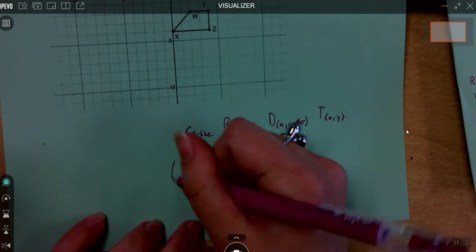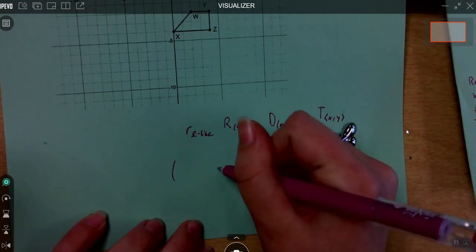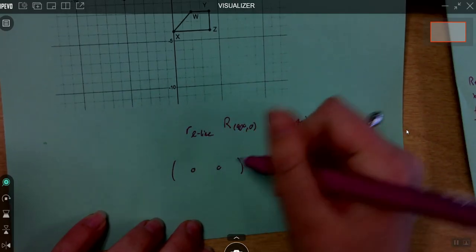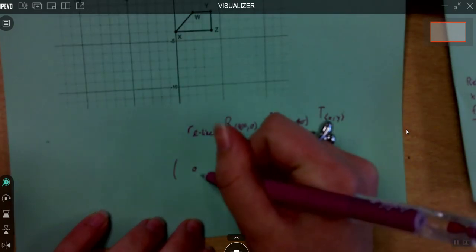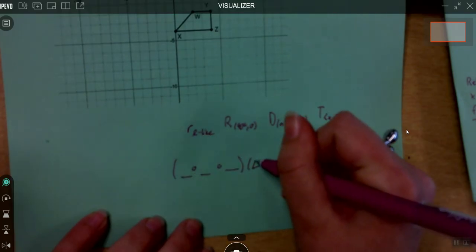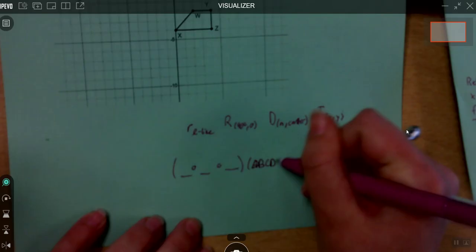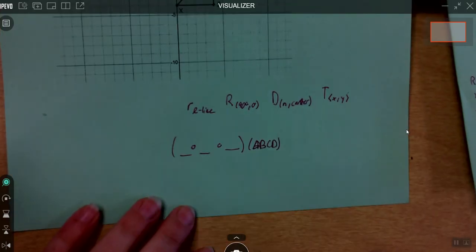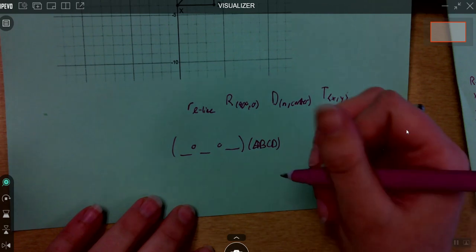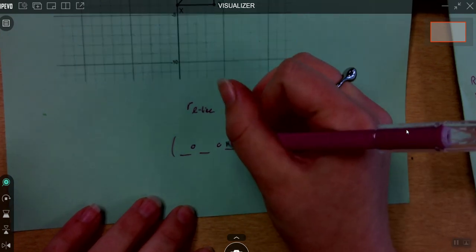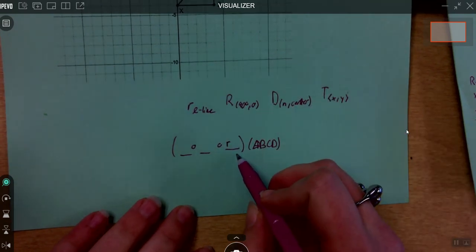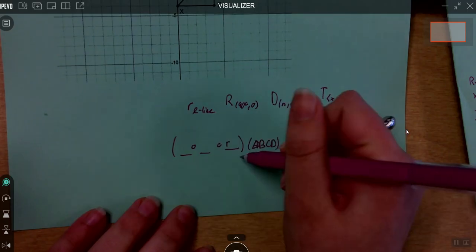Now, when I write this, let's say I have three different ones, and I state which one I'm changing. A, B, C, D. Which one goes first? Okay, yes, in this problem we did reflection first, but that's always going to be the one on the right.